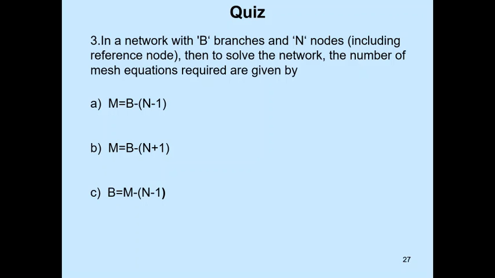C, B is equal to M minus N minus 1. Which one is correct? See, I am again repeating. M is equal to B minus N minus 1. M is equal to B minus N plus 1. B is equal to M minus N minus 1. Which one is correct? The first one is correct. M equal to B minus N minus 1. Answer is A.